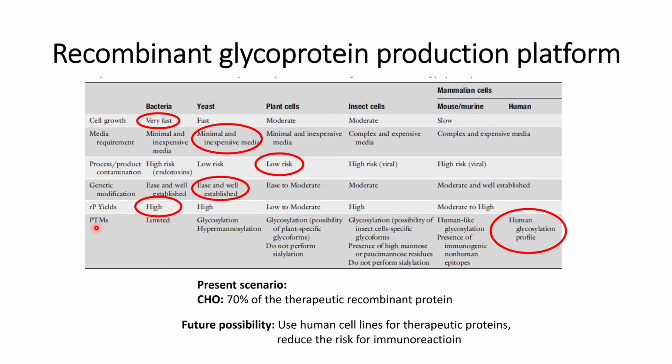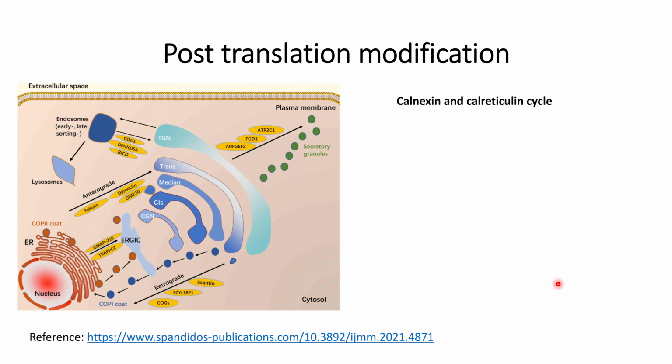So understanding the N-Glycosylation pathway, and the factors that affect post-translation modification, will help us to modify or produce a glycoprotein production platform that is capable of using human cell lines for production of therapeutic glycoproteins. Within the N-glycosylation, this video focuses on a specific part.